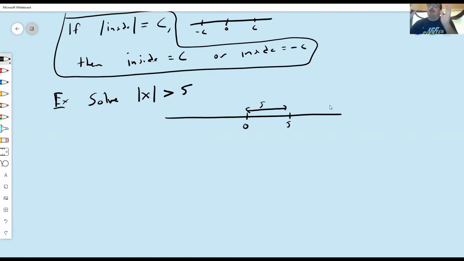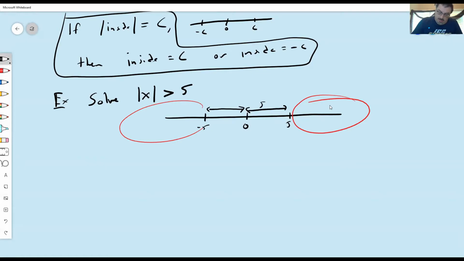The absolute value of x is greater than 5 means the distance of x from 0 is larger than 5, which means I need to be going everywhere over here. If you go the other direction, this is the distance of 5 to -5. If I want this distance to be larger, I'm going way over here. So this means x is either going to be greater than 5, which is right over here on the right side, or x is going to be less than -5. And that would be our solution.